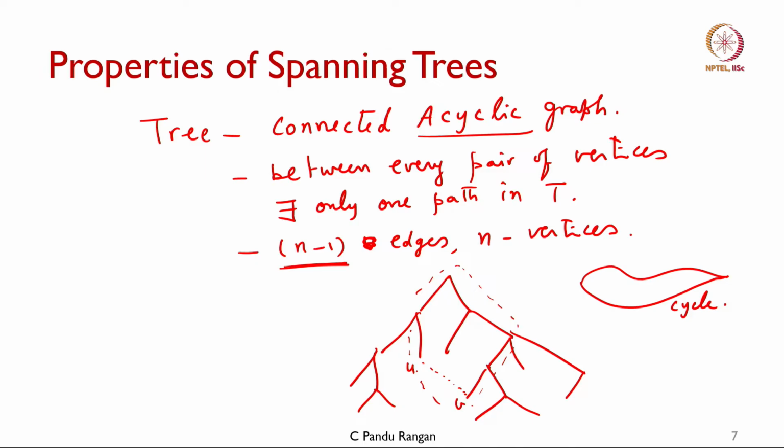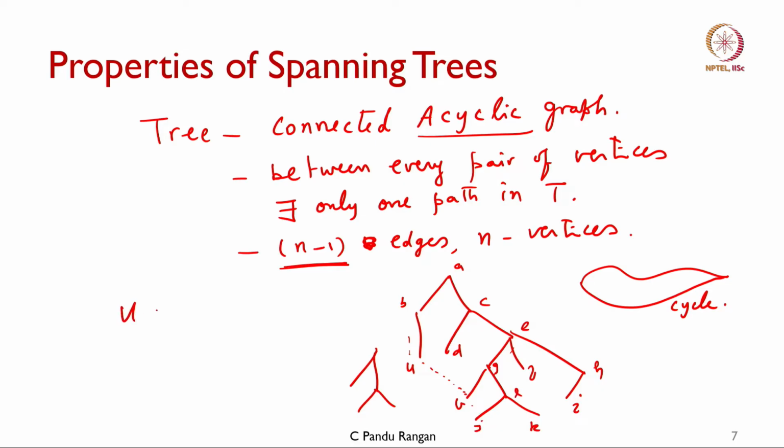I can give labels, for example, if these vertices are called A, B, C, D, E, F, G, H, I, J, K, L, something like that.